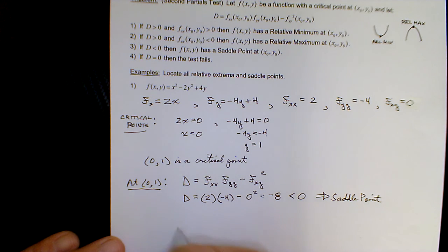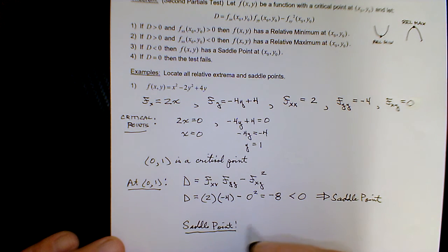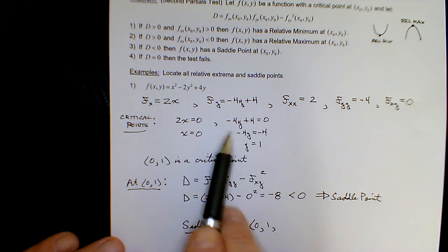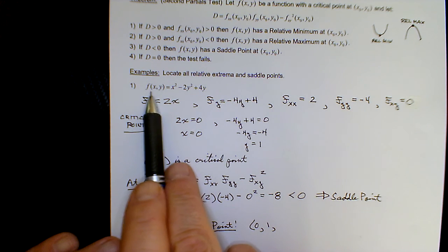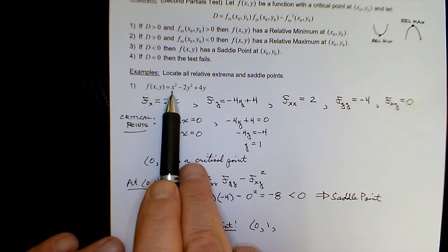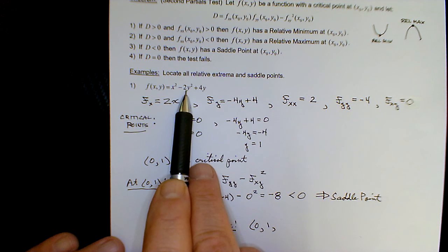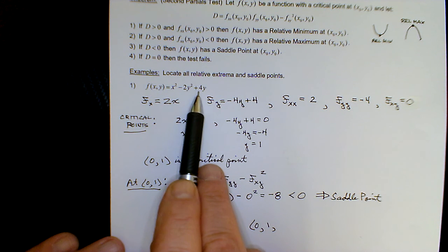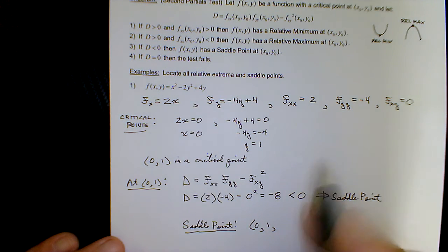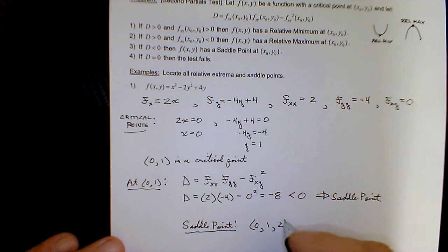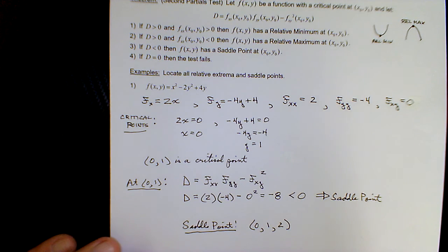Okay, and formally the saddle point is at (0, 1), and some people just say f of (0, 1), but it's basically the value of the function. Plugging a 0 in for x and a 1 in for y, here we get -2 plus 4, which is 2. So (0, 1, 2) is the saddle point.